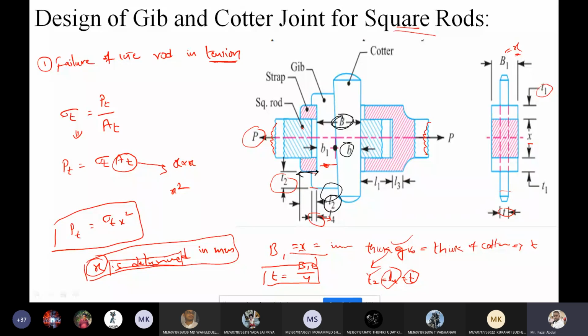Now what is the thickness of this one from here to here? That is given here as T1. L2, T1.